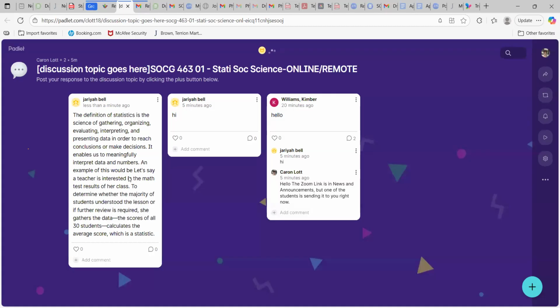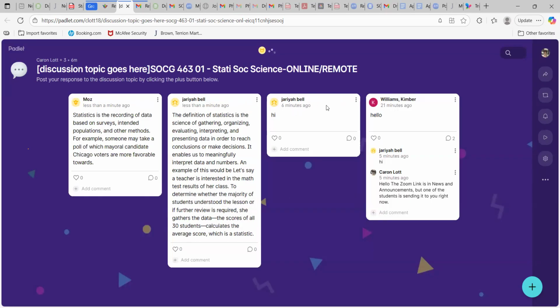An example of this would be, let's say a teacher is interested in the math test results of her class to determine whether the majority of the students understood the lesson or if further review is required. She gathers the data, the scores of all 30 students, calculates the average score, which is a statistic. Very good, Jariah. I see you've been reading your book. You got the definition of the book, huh? All right, you go, girl.